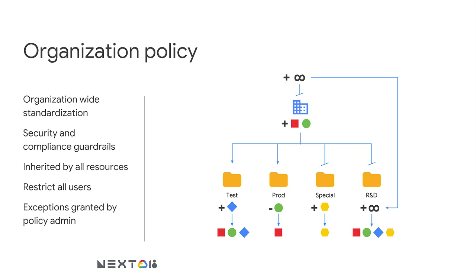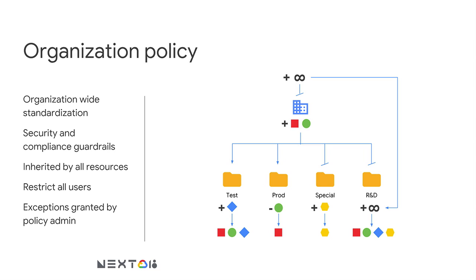Now, you may be able to set exceptions on a test folder and relax the default policy by enabling the blue part too. Or on a production project, you may want to restrict that default policy by removing some of those, say, images or APIs. You can also override the policy entirely and define a policy on a specific node.